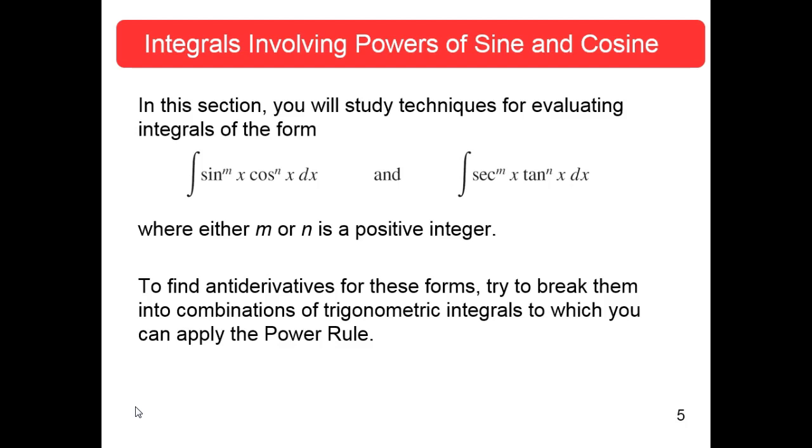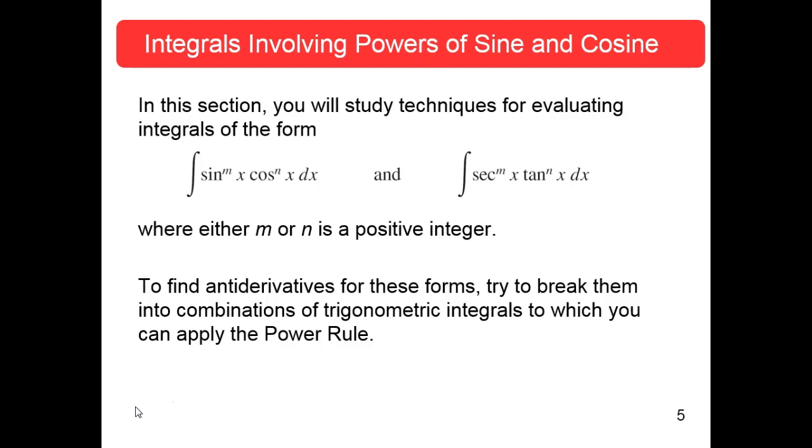Now, these m's and n's are only positive integers. No negative integers, no fractional numbers, or decimal numbers or anything else, positive integers. To find antiderivatives for these forms, you break them into combinations of trigonometric integrals, which you can apply the power rule. That's the key.